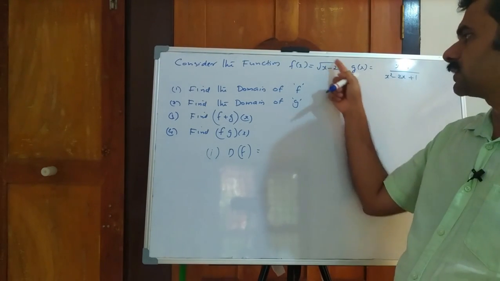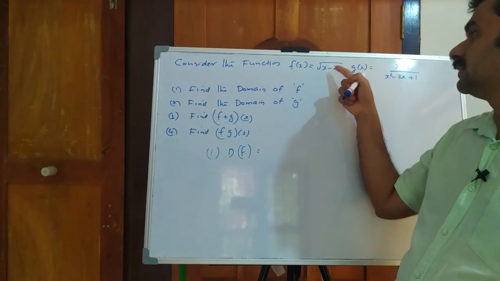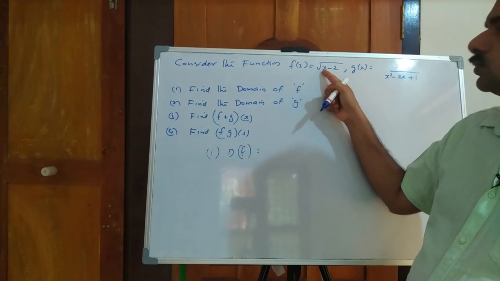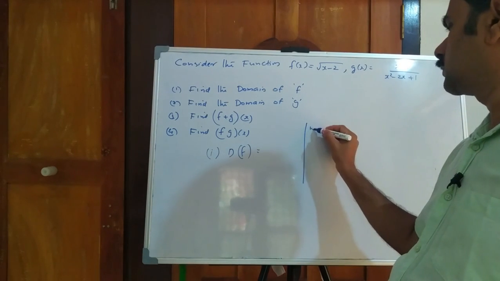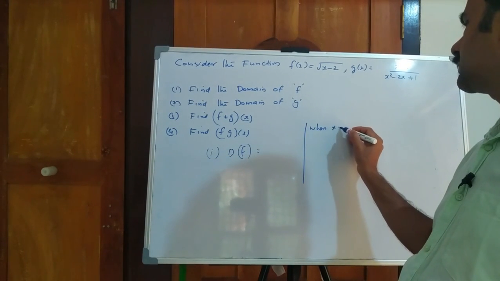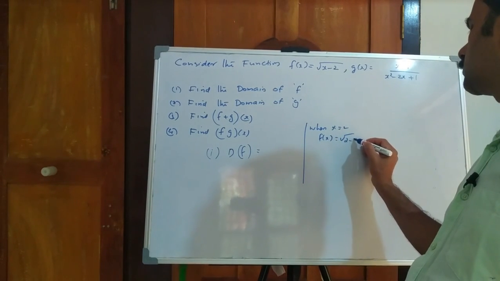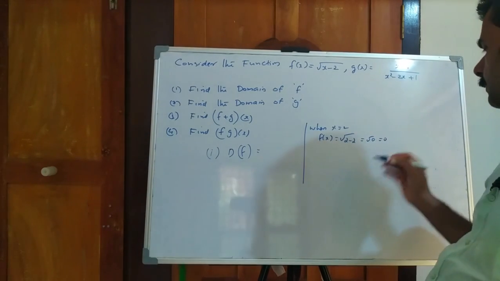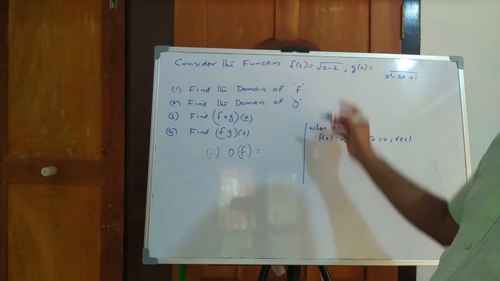So only focus on the radical part. Inside the radical part, there must not be any negatives. When x is equal to 2, what is f of x? Root of 2 minus 2 is root of 0, which is equal to 0. No problem, it's a real number.